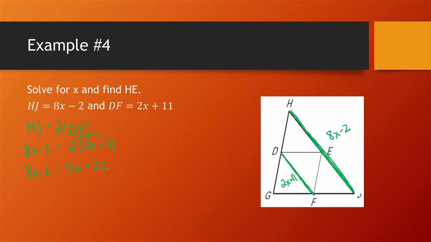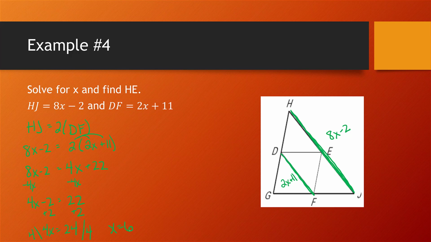And now we're solving for x. We're just going to move our 4x over. Add 2 to each side. And then divide by 4. So x would equal 6.